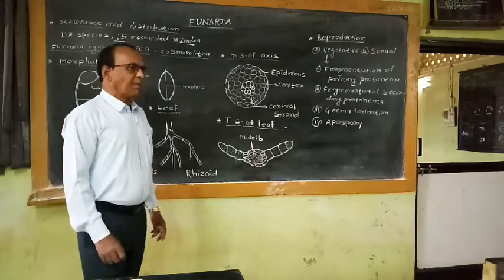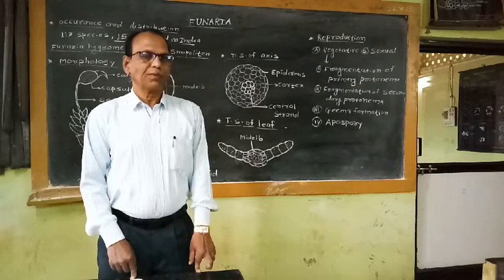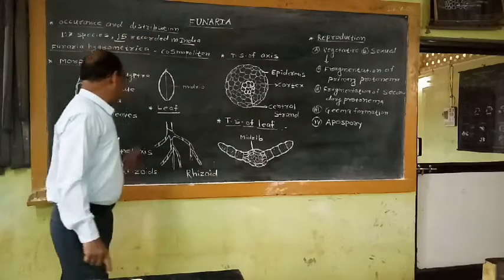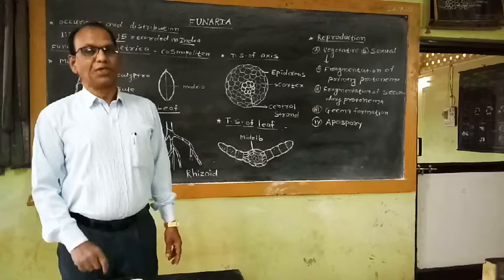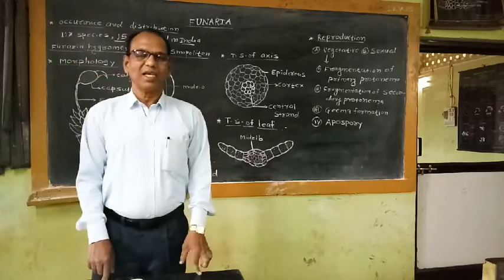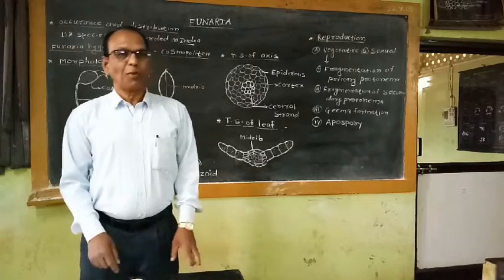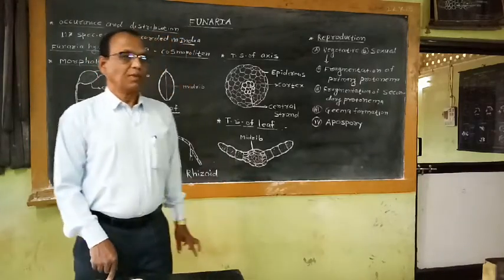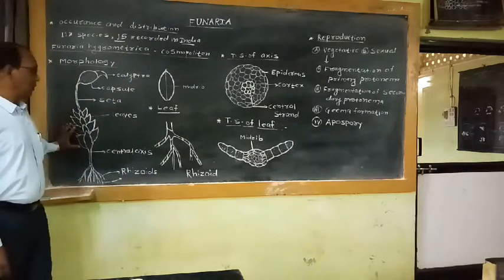The prostrate stage of gametophyte is commonly known as protonemal stage, and erect stage is commonly known as leafy stage. So this protonemal stage is known as juvenile stage. From this protonema, prostrate stage, this leafy gametophyte is developed.